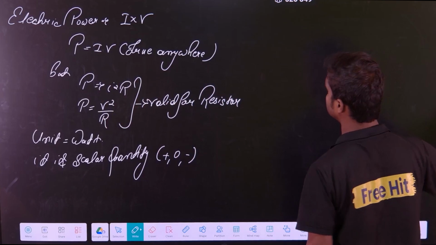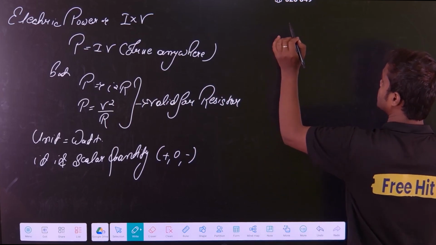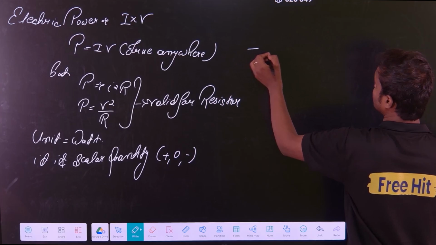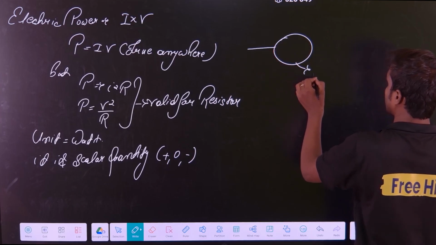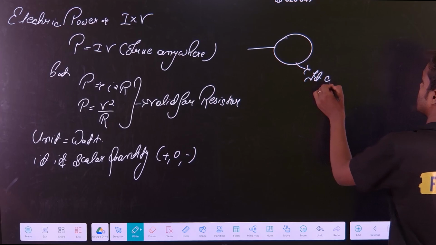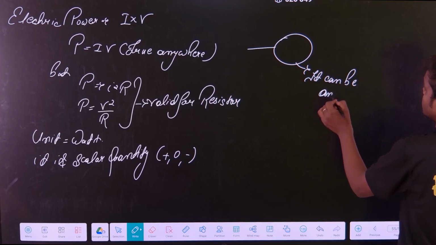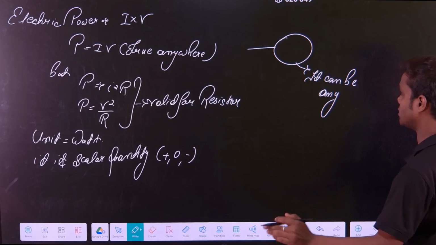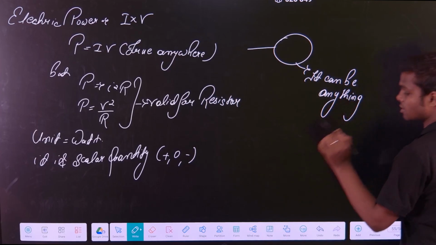That is a very simple method. Suppose there is some element, it can be anything, resistor, capacitor, battery, anything, it doesn't matter.